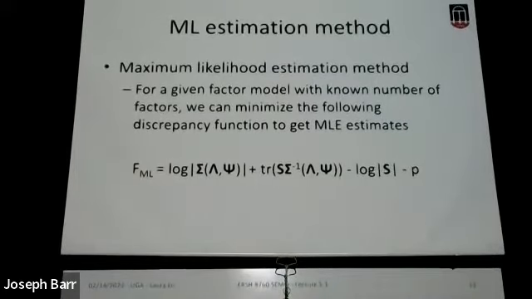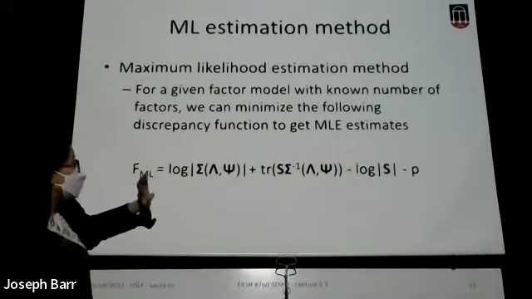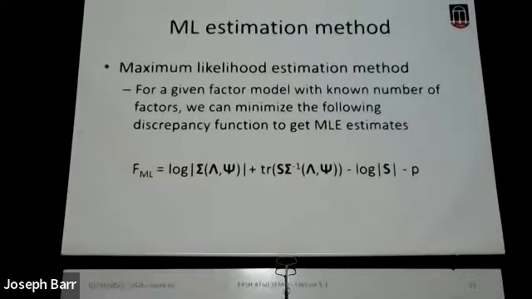So by looking at this discrepancy function, we can try to minimize that function, and then get the parameter estimates of lambda and psi. All of these are parameters. So basically, you take the first derivative with respect to all of these parameters. That's a huge equation. Also take the first derivative with respect to the elements of psi, and make sure the second derivatives are positive, and then we get the solution, the parameter estimates.